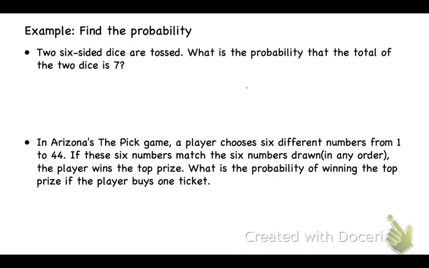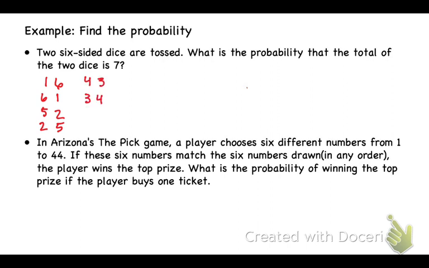2 6-sided dice are tossed. What is the probability that the total of the 2 dice is 7? So how can I make 7 with 2 dice? 1 and 6, 6 and 1, 5 and 2, 2 and 5, 4 and 3, 3 and 4.